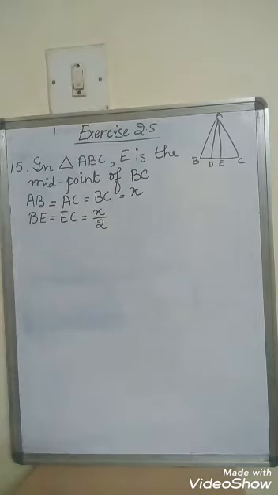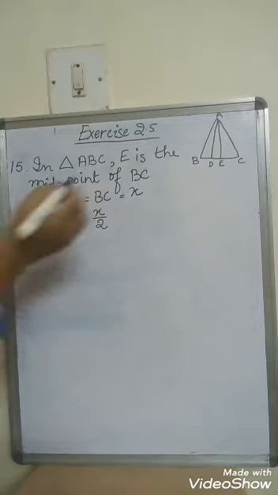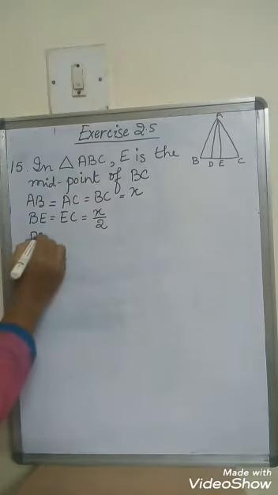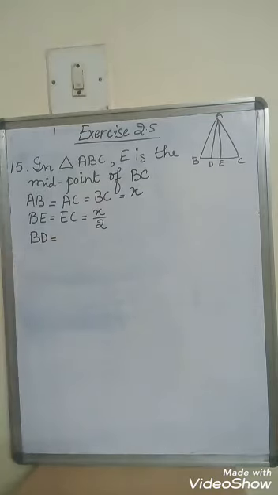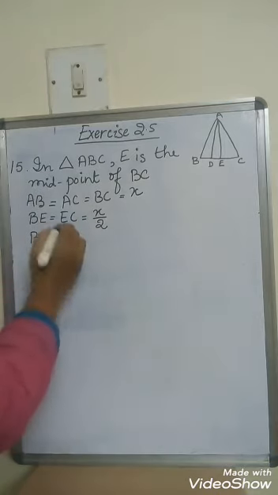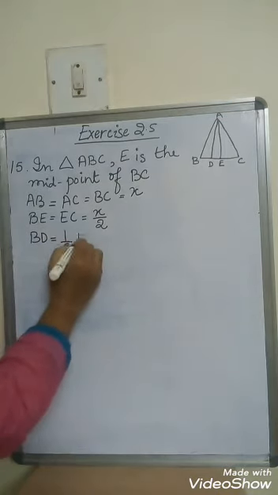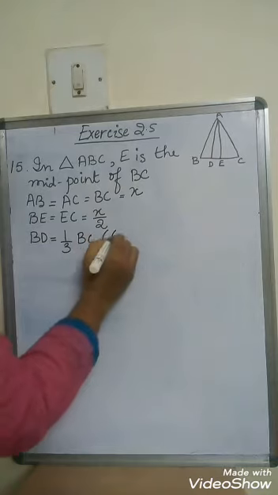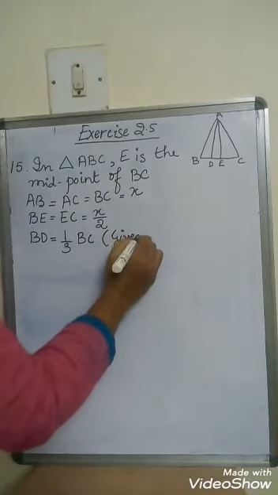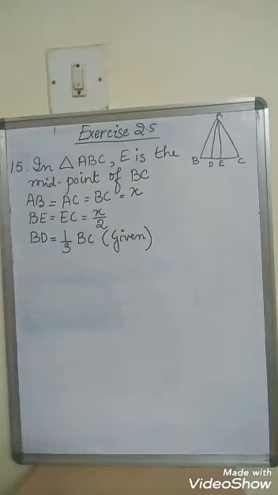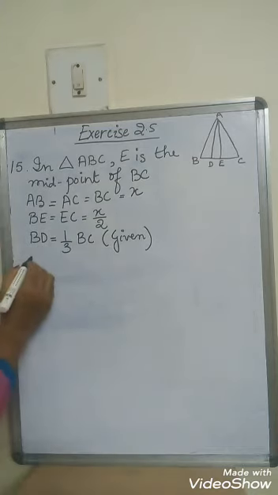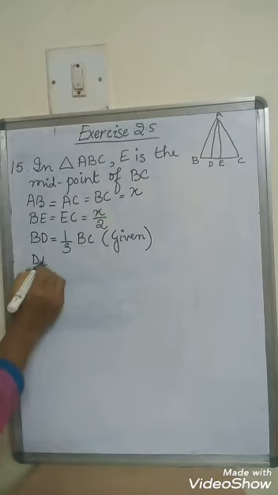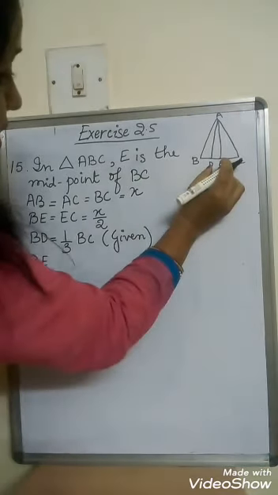Next we have BD. BD given to us is 1/3 of BC. This is already given to us. So now DE, that is this part.